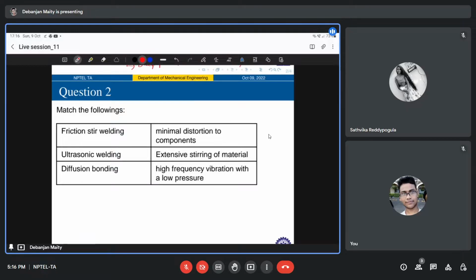This technique is suitable for a wide range of materials, and it can include non-metals or dissimilar metal combinations. But in friction stir welding, one of the basic things is that the geometry of the components is symmetric in nature.